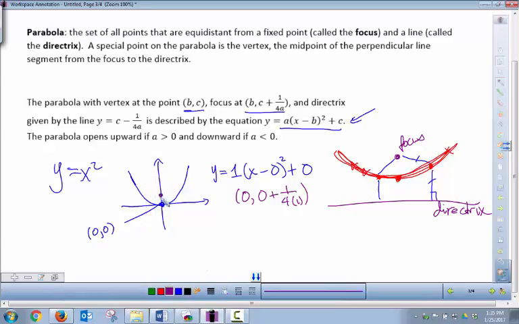So it looks like we are looking at (0, 1/4) as our focus. And then our directrix, y equals c minus 1 over 4a, so y equals negative 1/4.